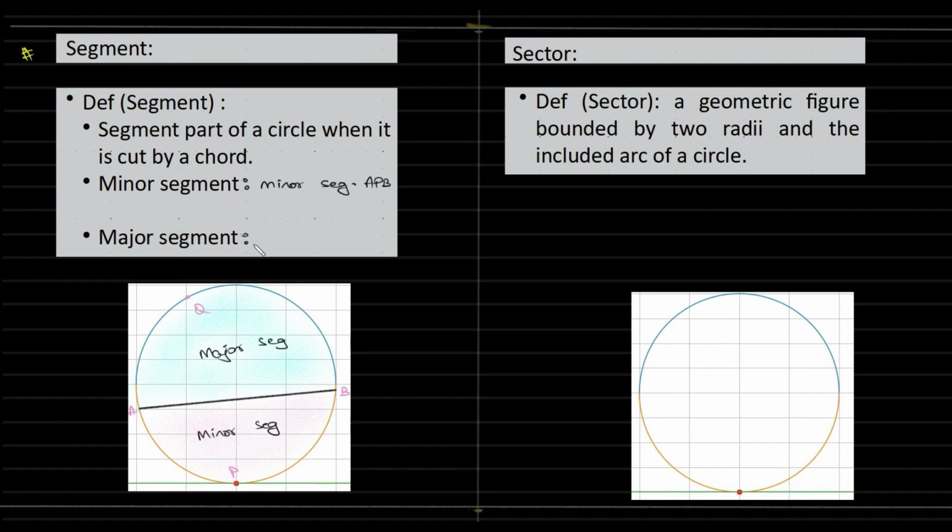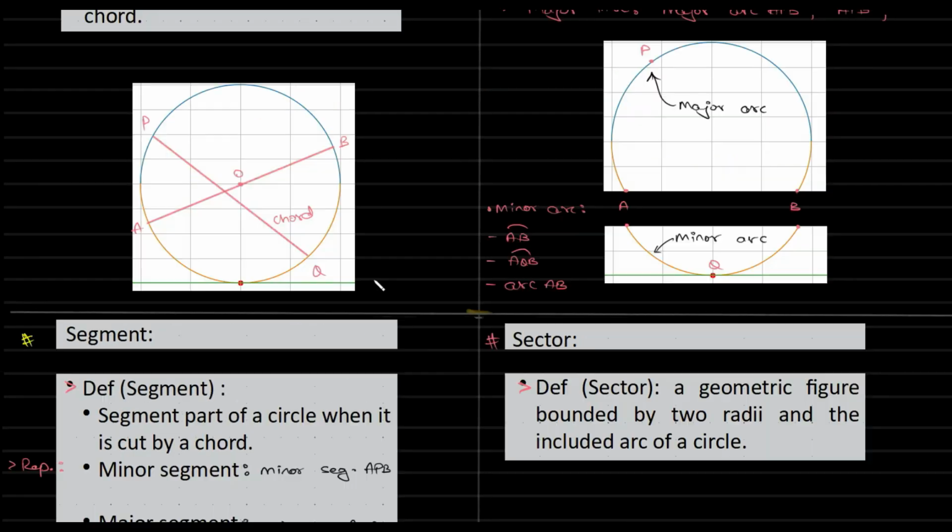That's it. Then major segment AQB. You make it very clear and you're done. So these are your representations. So that's your definition, and this is your representation.